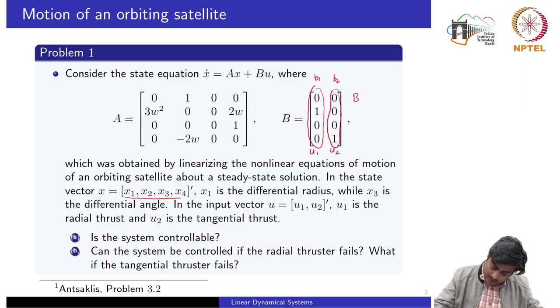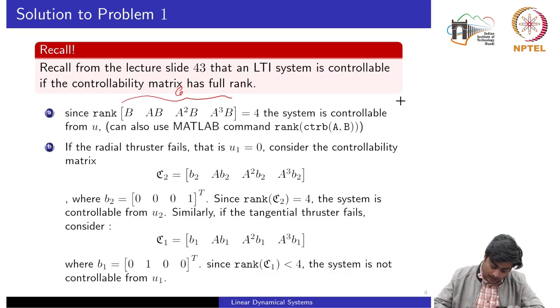Our B matrix is basically two column vectors b1 and b2. If u1 fails, then we don't have access to b1, but we have access to b2. Similarly, if u2 fails, then we have access to b1 instead of b2. So once u1 is equal to 0, in the controllability matrix we would be using only the b2 vector instead of the complete B matrix.